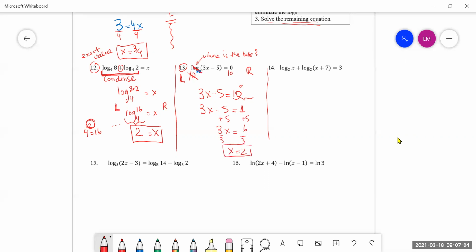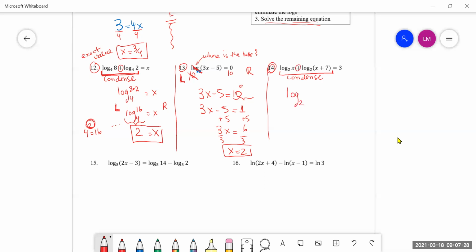Okay? All right. One more, but I want to do something a little bit more difficult. I want you to try this one. Okay? You're going to condense. No, actually, I do need to do this one. Let's go ahead and condense first, because I do have 2 logs, not only one. So I'm going to condense into log base 2.